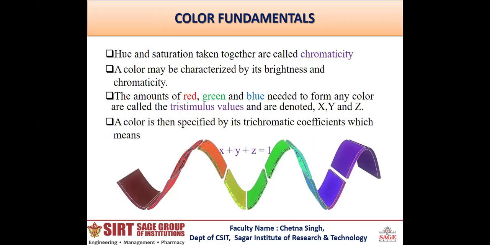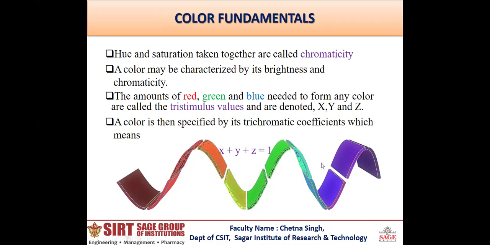Hue and saturation taken together are called chromaticity. A color may be characterized by its brightness and chromaticity. The amounts of red, green, and blue needed to form any color are called the tristimulus values and are denoted X, Y, Z. A color is then specified by trichromatic coefficients, which means X plus Y plus Z equals 1.